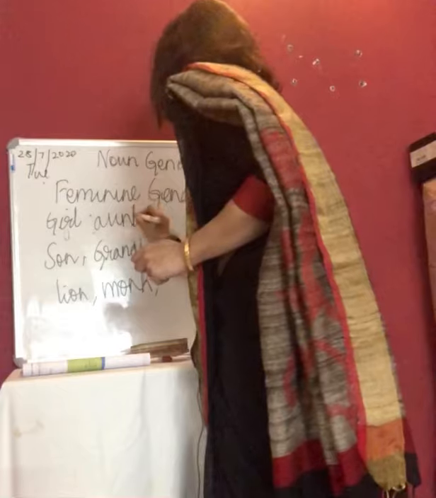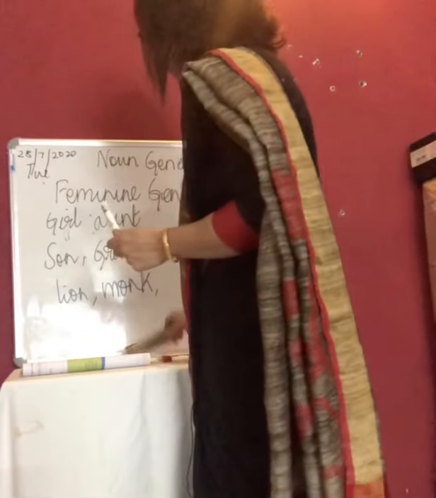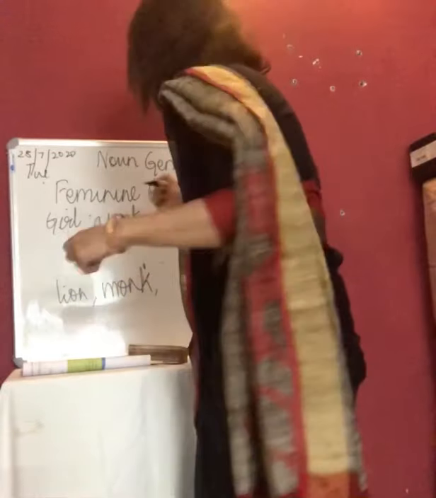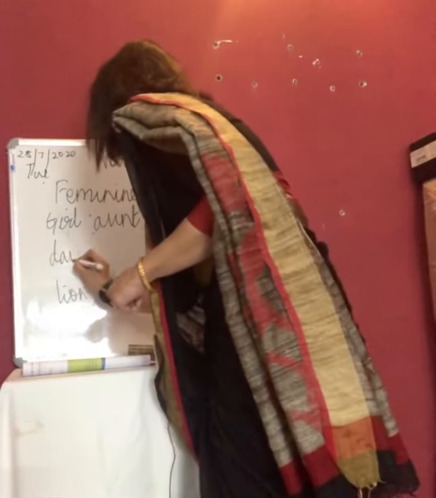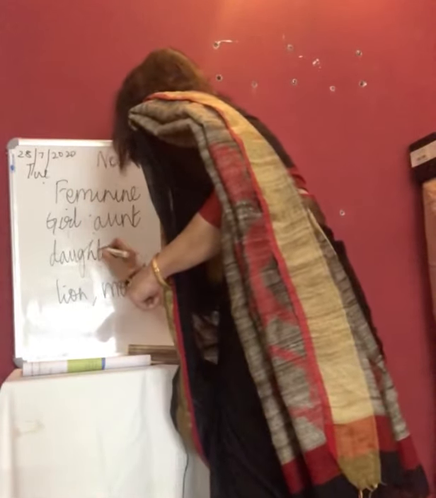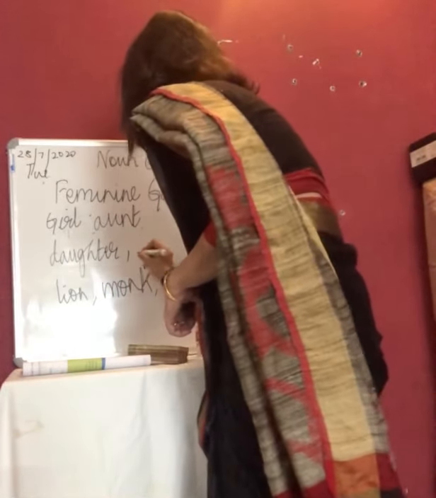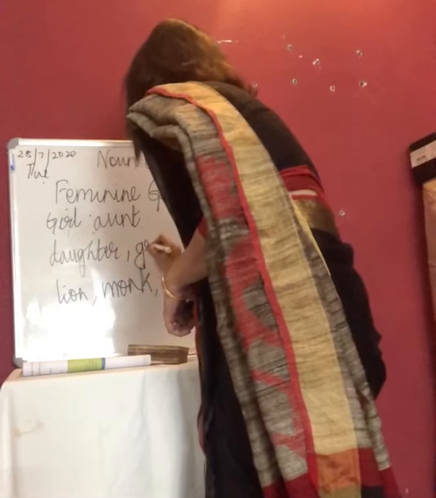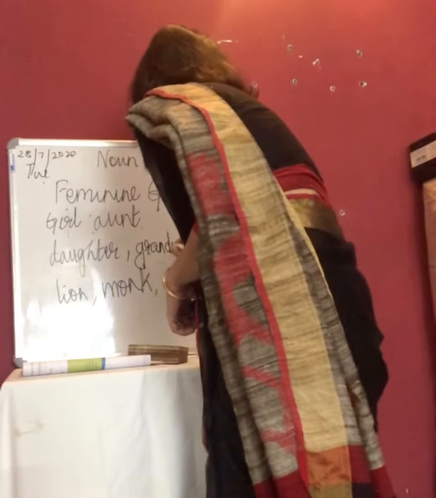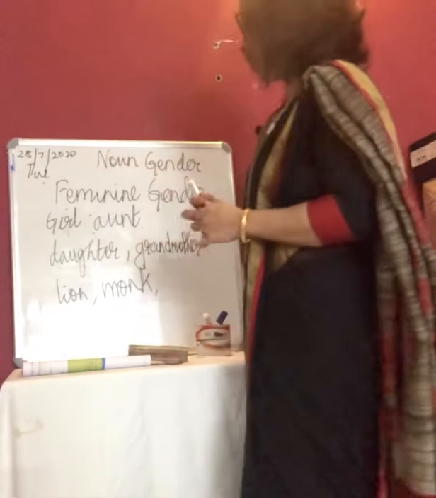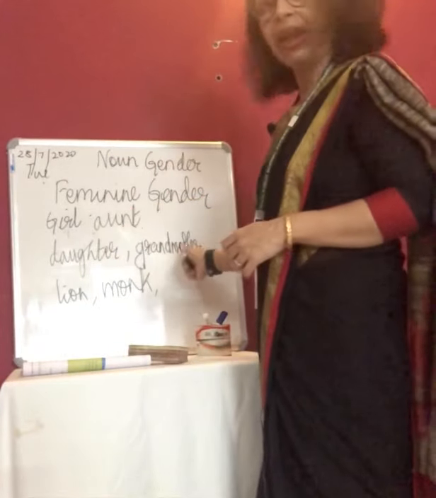Uncle becomes aunt. Son becomes daughter. Grandfather becomes grandmother. I'm sure you all are repeating the answers. I wish I could hear you. Children, please bear with me. I'll move away from the board and you can see it. So, girl, aunt, daughter, grandmother.